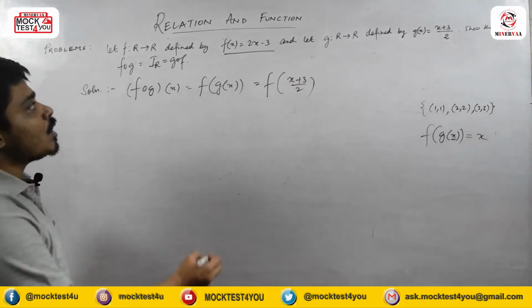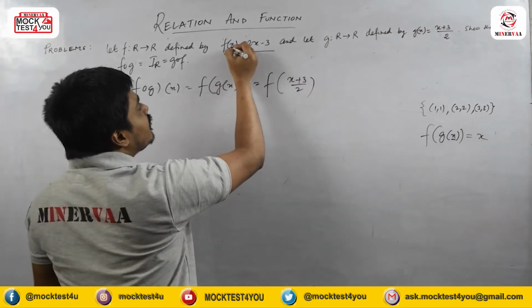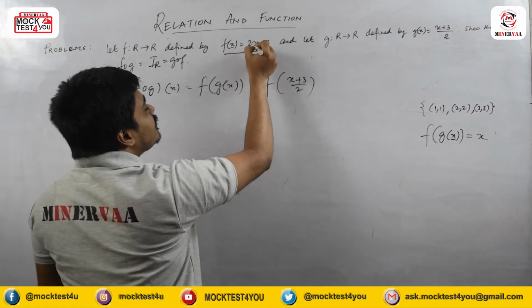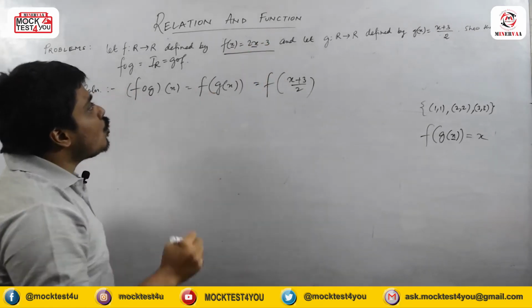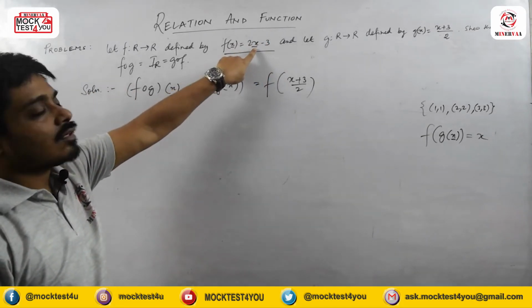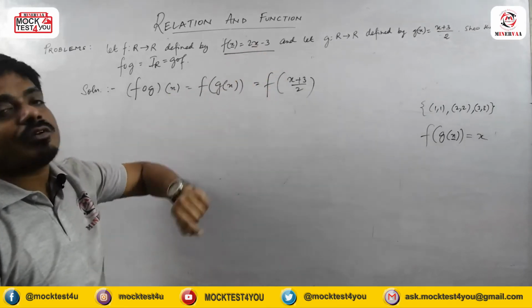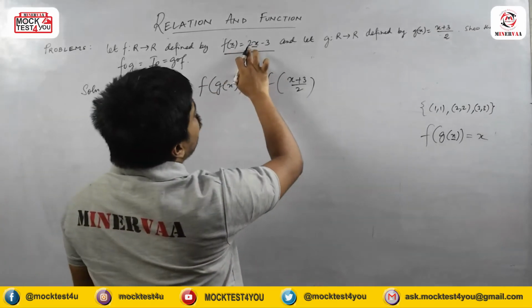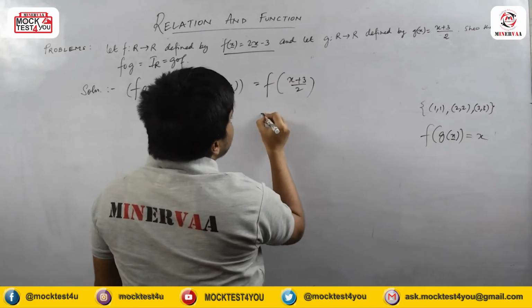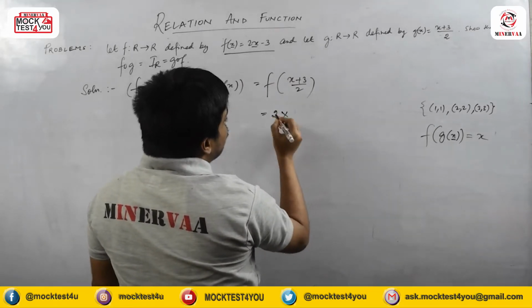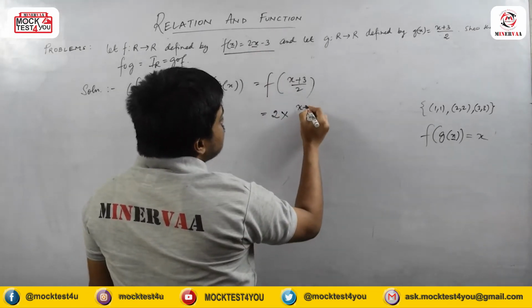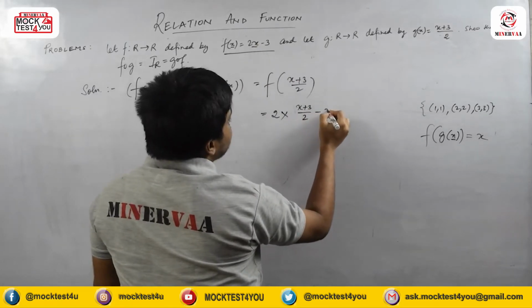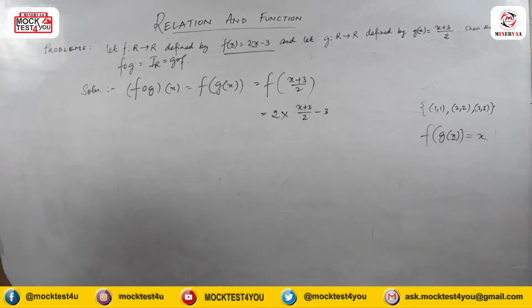So what I will do, just look at here, underline x in here and underline x in here. So wherever there is x, you just need to put (x plus 3) by 2 in there. So what I see in here, 2 into x minus 3. So I will just put 2 into, in place of x I will put (x plus 3) by 2, minus 3. Simple as that.